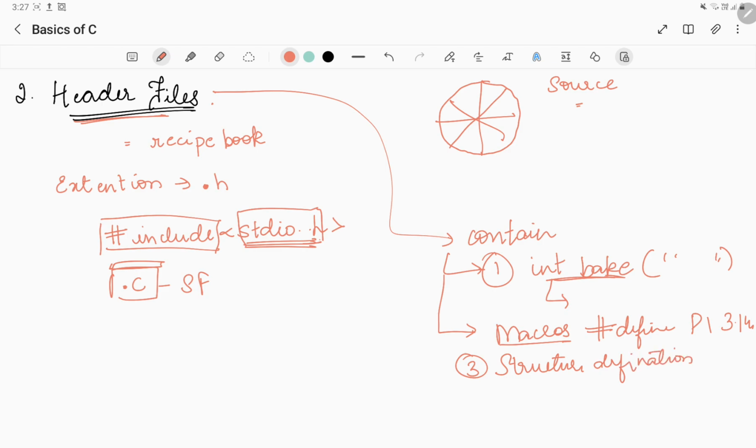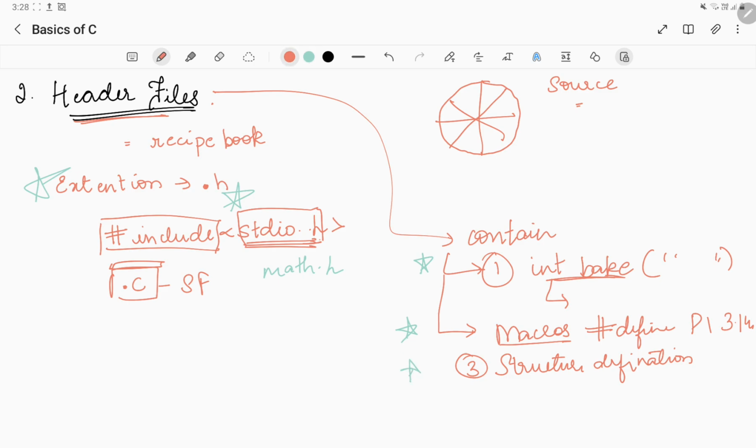For your exams, first of all you have to learn the extension. Then you have to give an example like stdio.h, or it can be math.h, and you have to write these 3 points: it contains function declaration, macros, and structure definition.